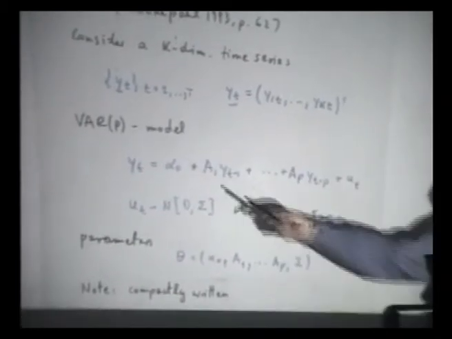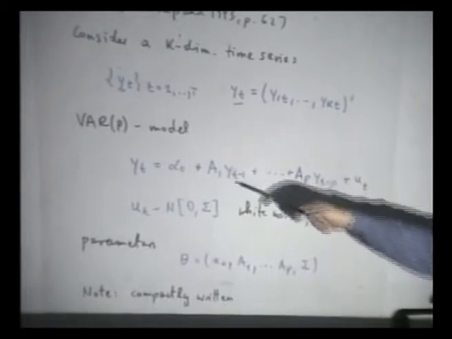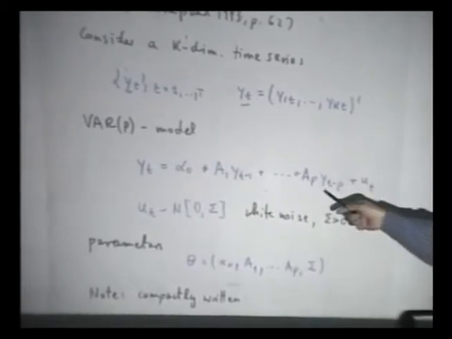If you have a multivariate time series, a k-dimensional time series y1 to yk, and T observations, we can write a so-called vector autoregressive model of order p. This model looks like the following: alpha 0, which is a vector, A1 is a coefficient matrix, times y_{t-1}, up to Ap times y_{t-p}.